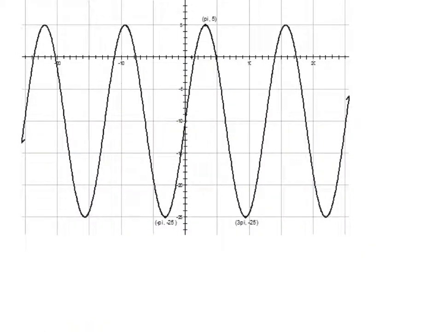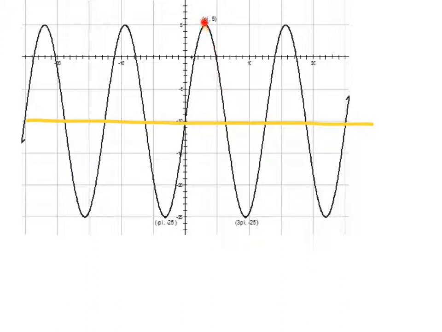Okay, last one. I'm going from -25 up to +5. So halfway is going to be at -10. I could do a sine. However, I know that this starts at 0, but I'm not exactly sure where this goes.